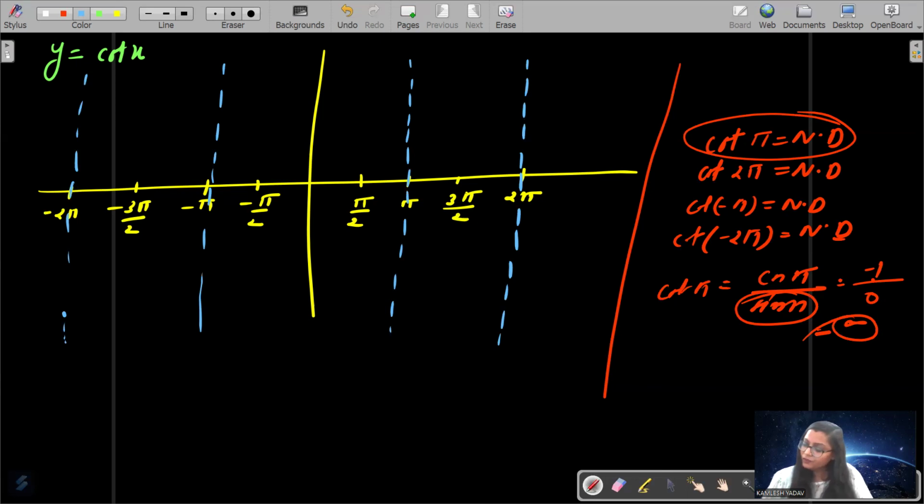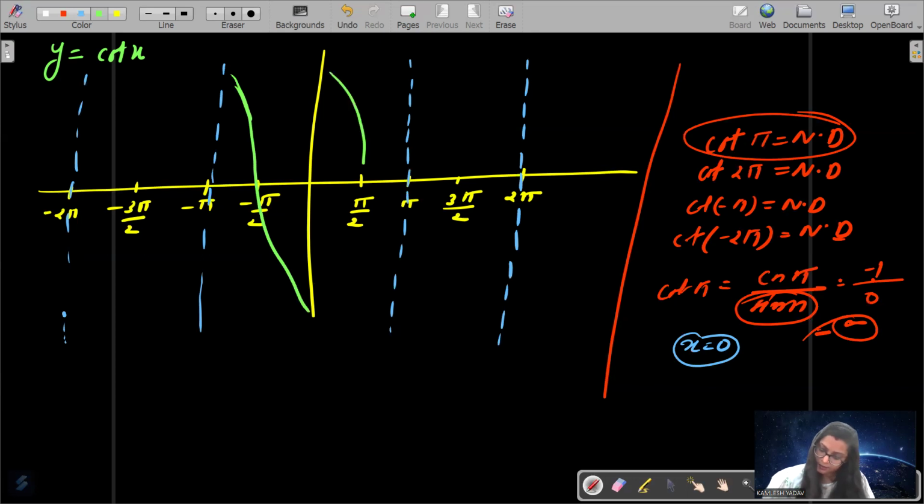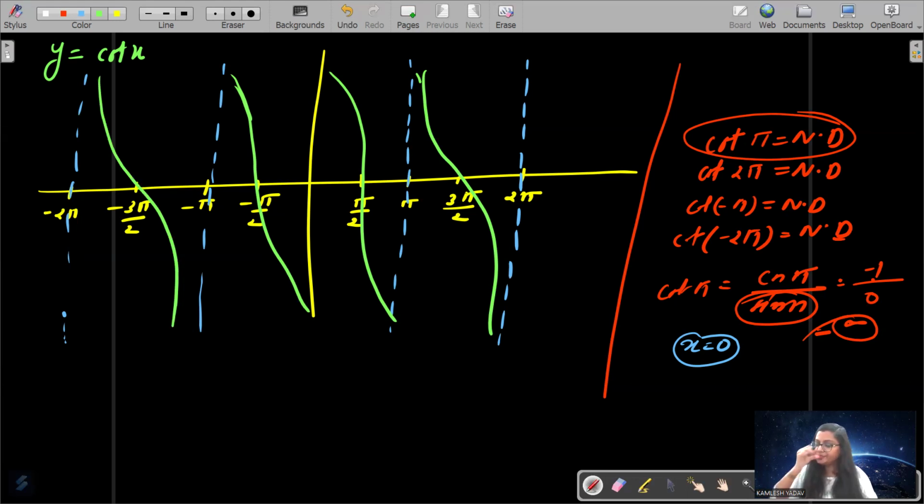And on the x-axis, cot pi by 2 is equal to 0, cot 3 pi by 2 is equal to 0. Now we draw the curve here. So our curve is drawn like that. Okay. So this is the graph of cot x.